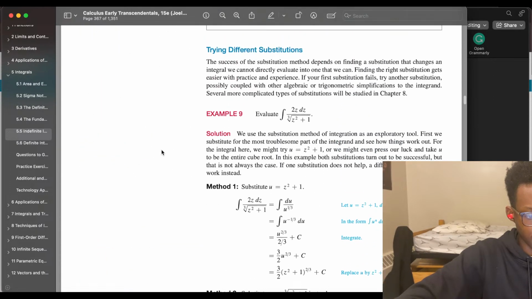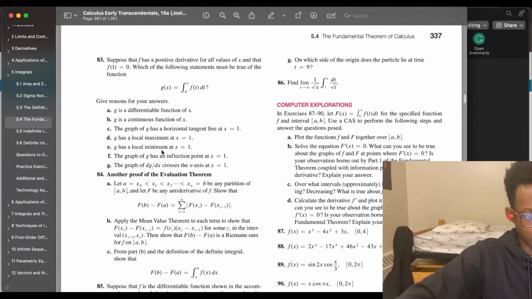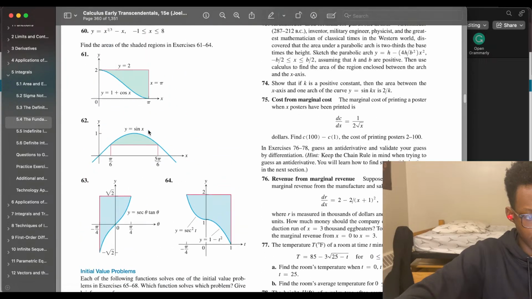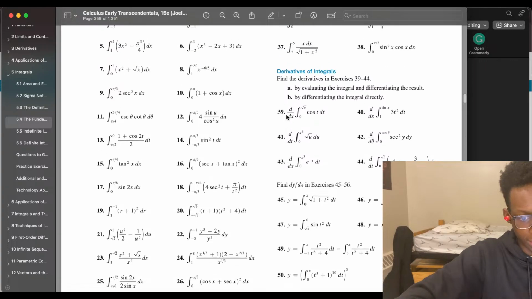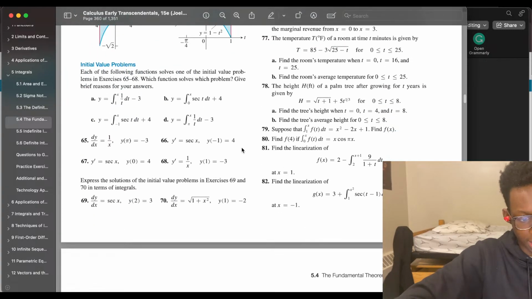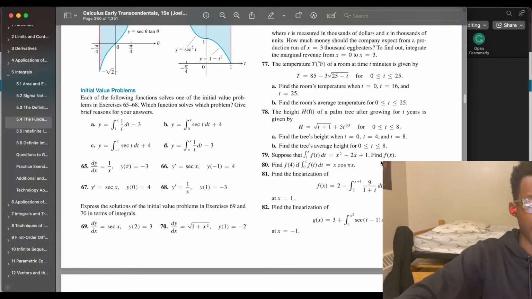Because this is 5.5, we're checking 5.4 questions, and 5.4 questions are not the ones that we're looking for, because we're looking for the x, the t for the things, but this textbook does not help me to do that.